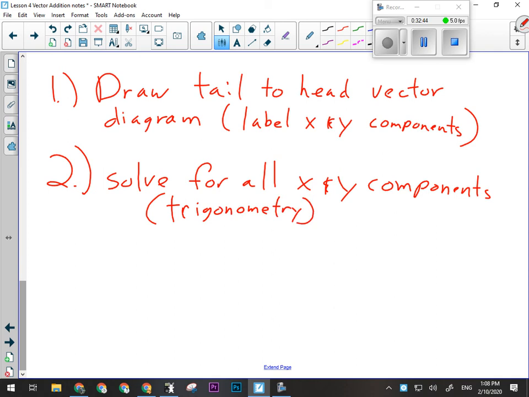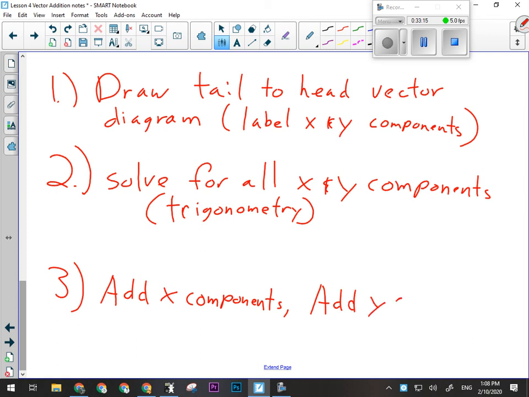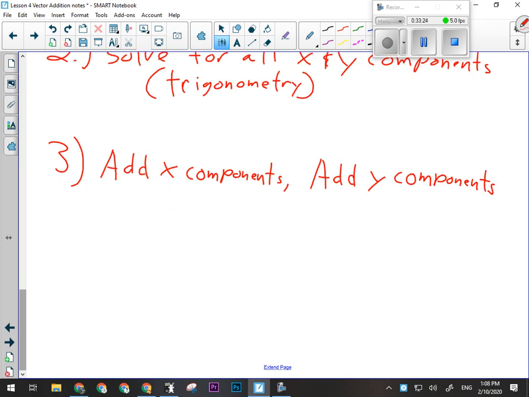That's where you're going to use your trigonometry. Third step, add your x's together, add your y's together.